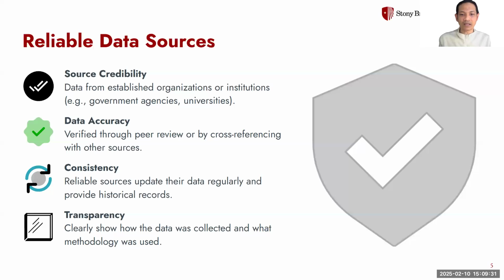So this transparency helps ensure that the data can be accurately interpreted and also used appropriately. So by carefully evaluating these aspects, we can confidently utilize open data for any of our projects.